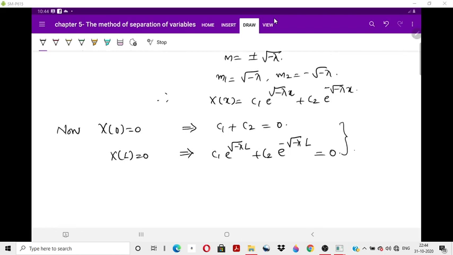Now this represents a system of equations. Let this be equation number 8. So 8 represents a system of equations in the unknowns c1 and c2.